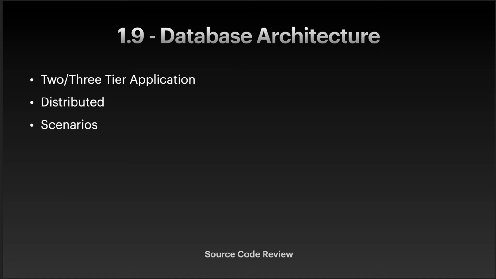Section 1.9 covers database architecture. It also covers normal application architecture, right? So you have 2 or 3 tier application architecture. 2 tier being you have a client and server, 3 tier being client, server, database, essentially.